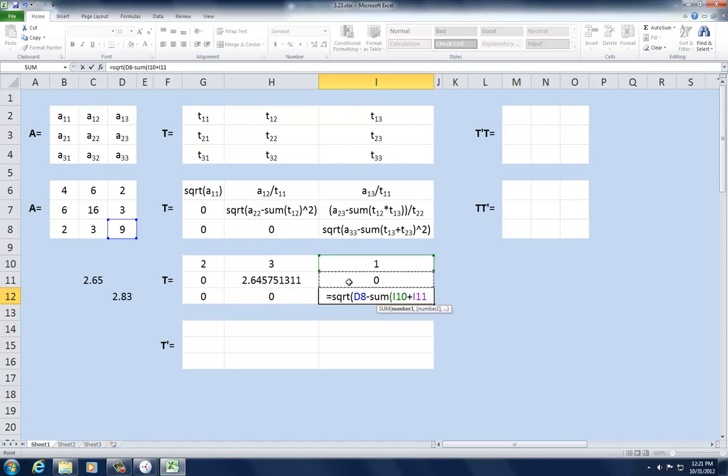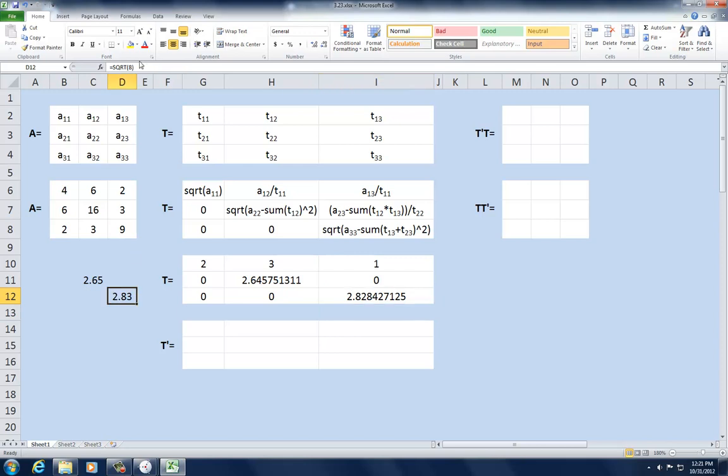The values above it, we're going to square those. And we get that, which I did over here. If you look at the top, it is the square root of 8 in decimal form. So that is equal to what we got before with T. So let's take the transpose of that.